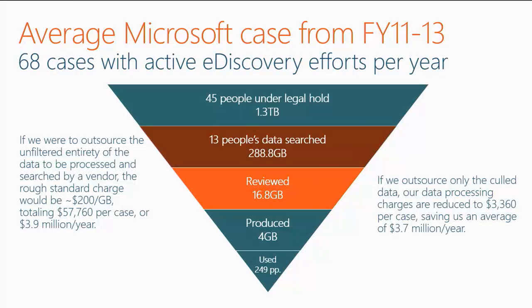So we're handing off only 5% of our custodians' raw data, or 16.8 gigabytes, right? So instead of paying $200 per gig for 288, we're paying about $200 per gig for just the 16.8 gigs, reducing our processing charges for that case down to just over $3,000, and with 68 cases a year, we're talking about a savings of $3.7 million just in doing the processing work alone.